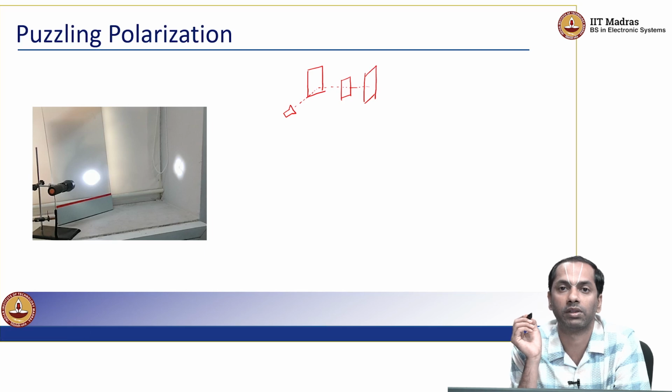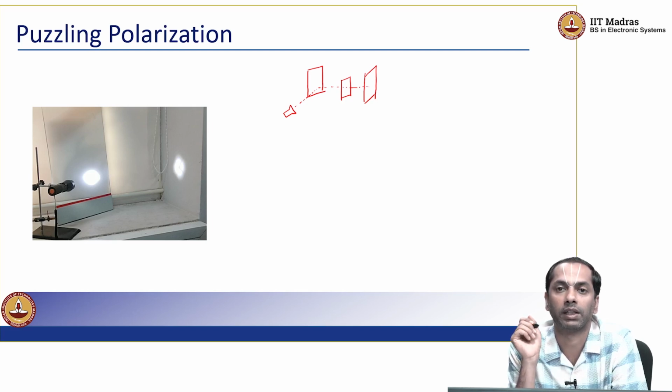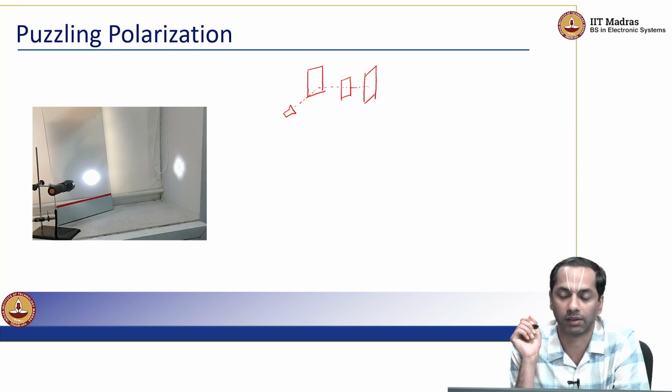And I also notice the same sort of outcome, which is to say that as I rotate the polarizer film and its axis by 90 degrees, I notice that the image on the wall cancels, or is completely darkened.